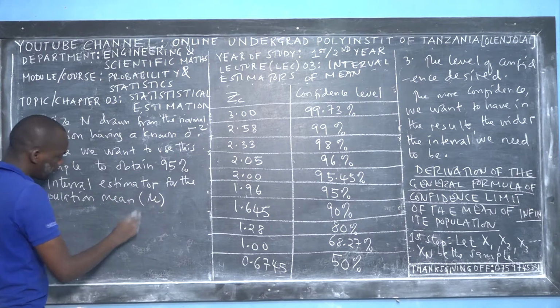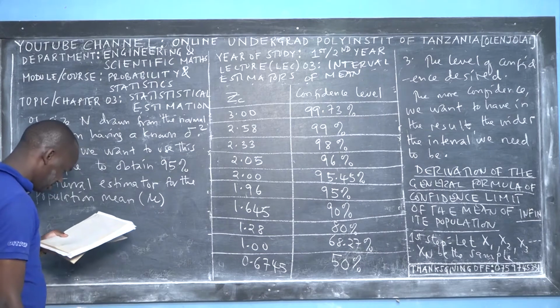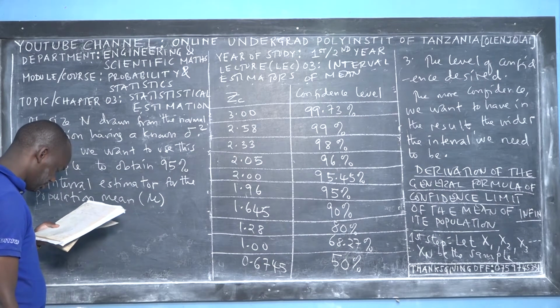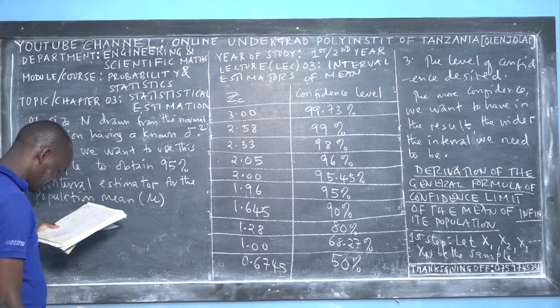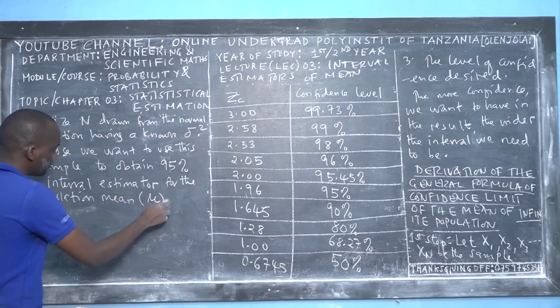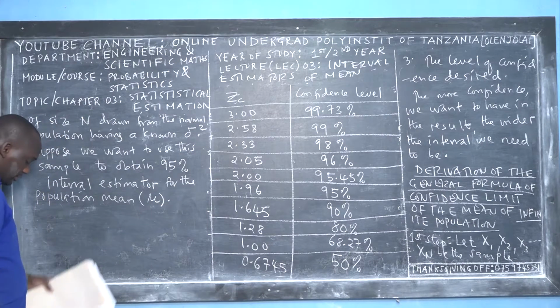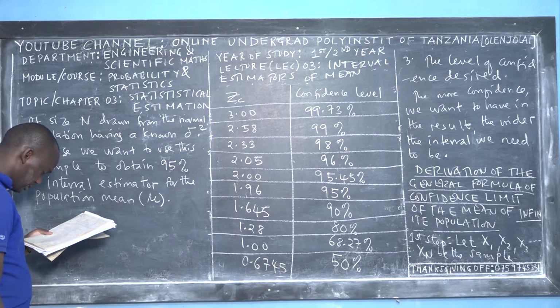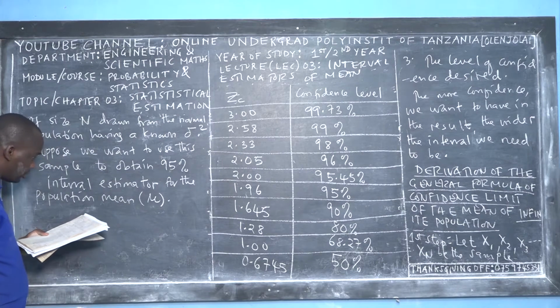So we have two parameters, the population mean and the sample size.